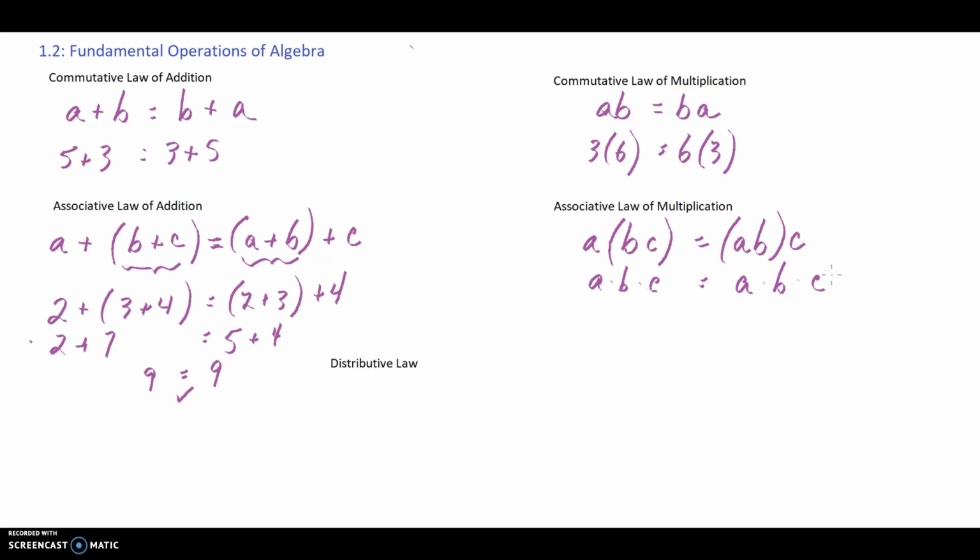Okay? The last one is this distributive law. Let's do it in a different color to make it stand out a little bit.